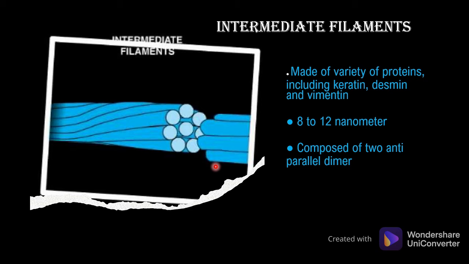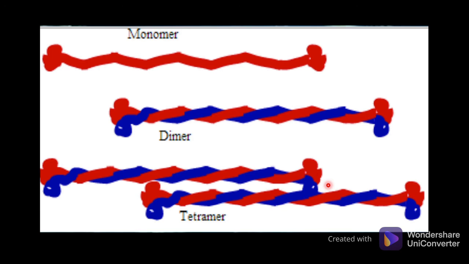Intermediate filaments are a very broad class of fibrous proteins that play an important role as both structural and functional elements of the cytoplasm. The size ranges from 8 to 12 nanometers and they are composed of two anti-parallel dimers that we are going to see.